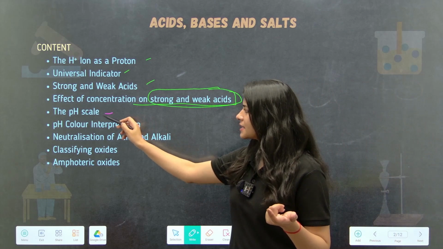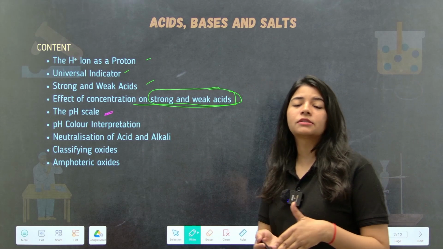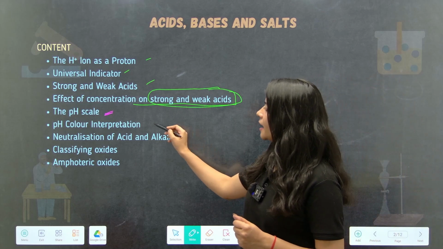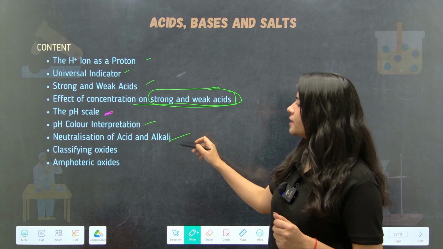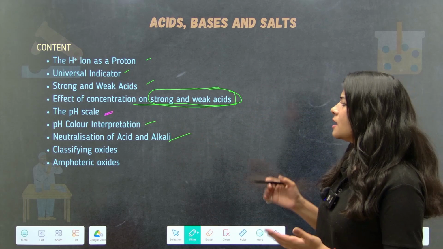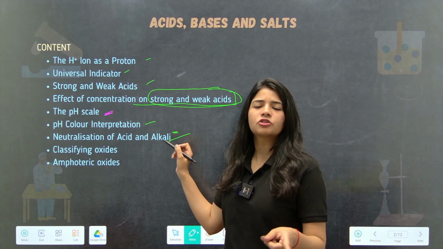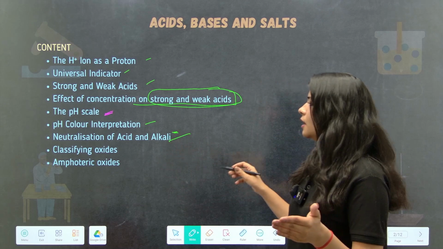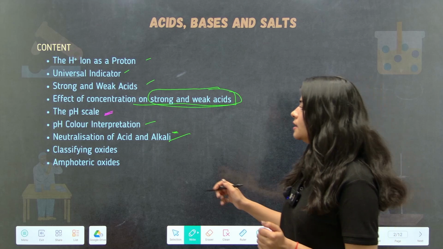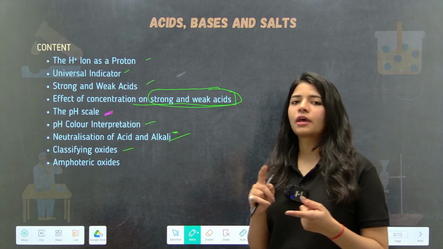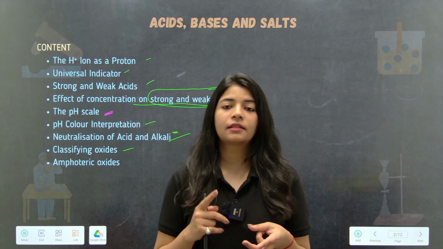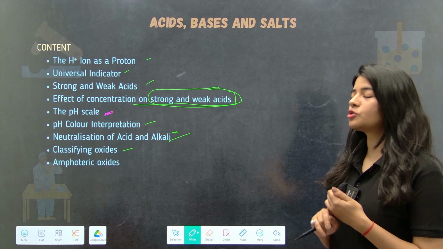Next is the pH scale. How do we know if any acid or base is strong or weak? Then pH color interpretation, then neutralization of acid and alkali. We have already discussed the neutralization reaction in part 1. We'll do it again in detail. Then classifying oxides: there are basic oxides, acidic oxides and then amphoteric oxides. We are going to talk about that.